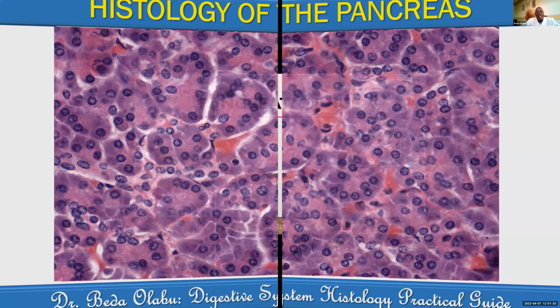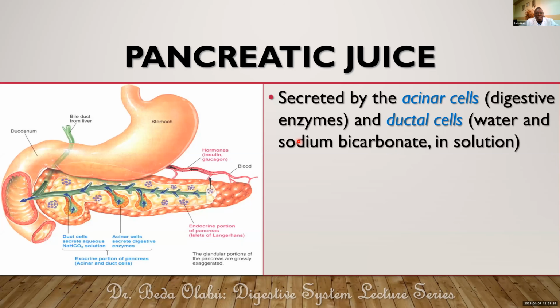Okay, with that in mind, let's then talk about the pancreatic juice produced by both the acinous cells and the ductal cells. The acinous cells produce the digestive enzymes, many different enzymes: the ones that break down proteins, carbohydrates, and lipids.